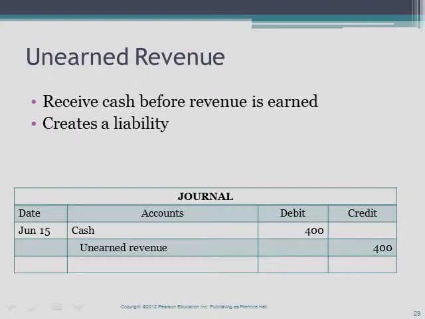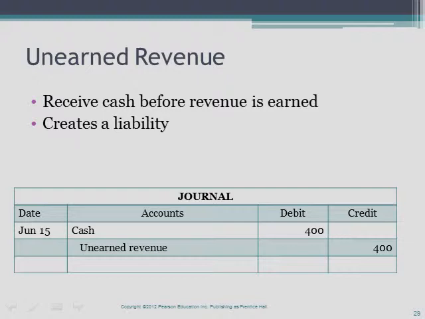Suppose a real estate management company engages a company to clean its office building, agreeing to pay the company $400 monthly, beginning immediately. If the cleaning company collects the first amount on June 15th, then it records this transaction in this slide. So they received $400 on June 15th, but they won't be completed with the job until June 30th.